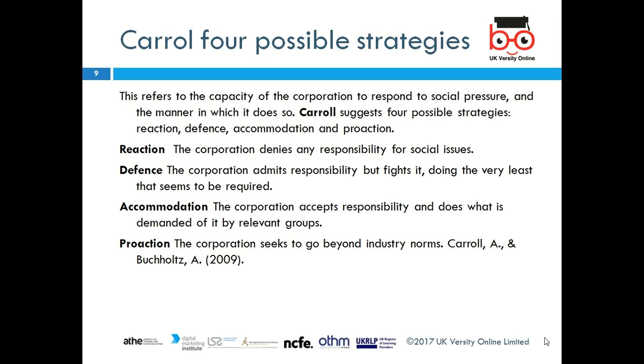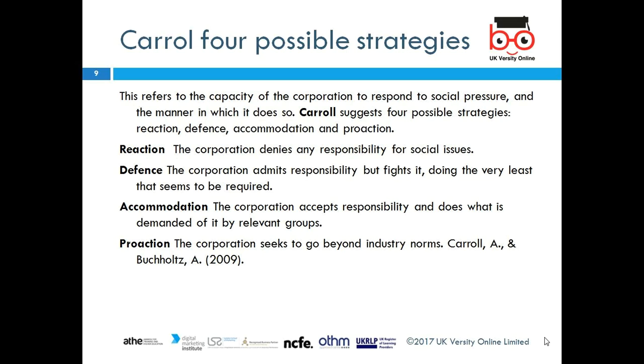Then there are possible strategies which are recommended. So how the company can react, whether in marketing, production or any other operation, refers to the capacity of the corporation to respond to social pressure and the manner in which it does so. There are four possible strategies: reaction, defense, accommodation and proaction. Reaction: the corporation denies any responsibility for social issues.